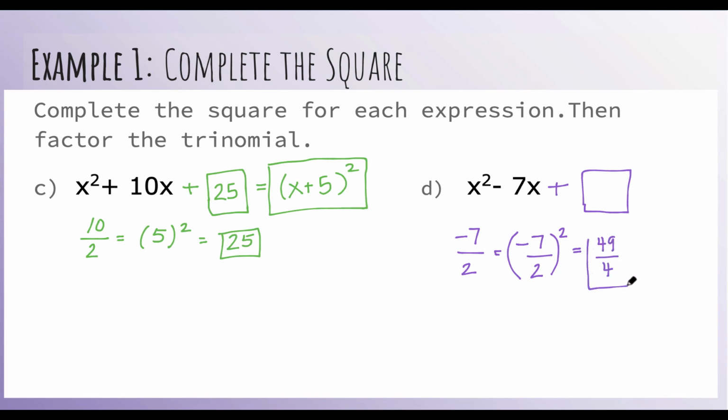I'm putting a box around this because it tells me this value goes inside the box. So this is 49 over 4. I now have a perfect square trinomial that's going to factor as x, and then I'm taking the value that's in the parentheses, minus 7 halves squared. And that's my factored form.